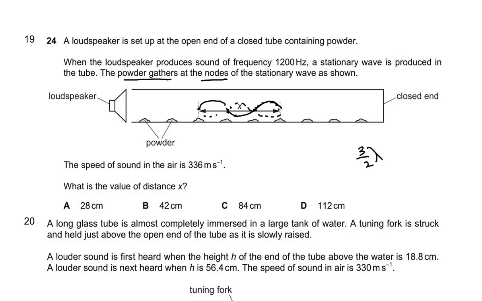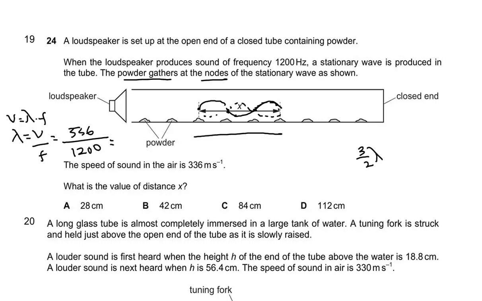So we must calculate the wavelength here. v equals lambda times f. Lambda equals v per frequency, where v is 336 per 1200.